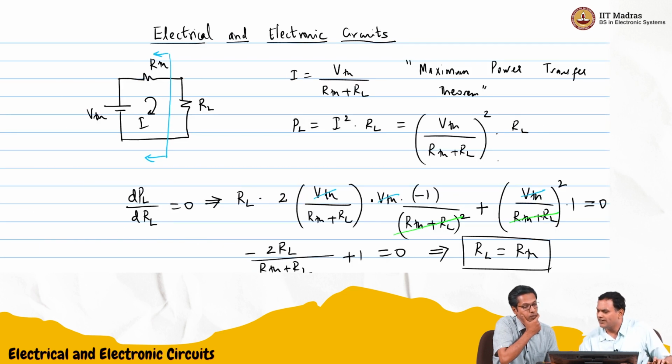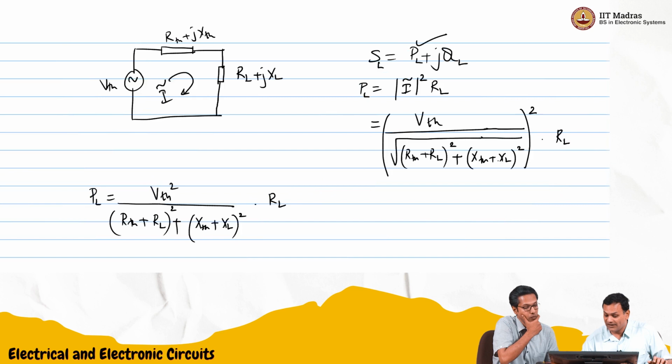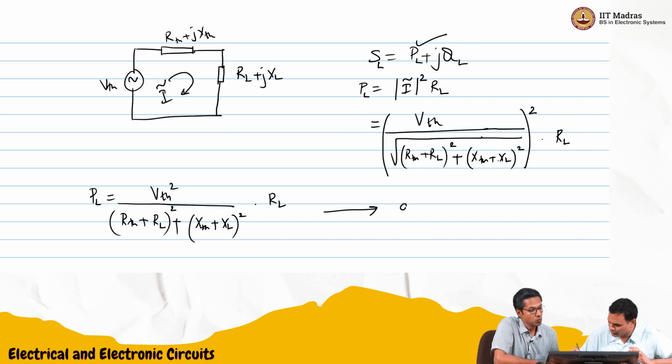For the DC case we wanted to find RL, taking the derivative with respect to RL. But now we have to take the derivative with RL and with XL. We'll do XL first. So we have two things. So the partial derivative of PL.